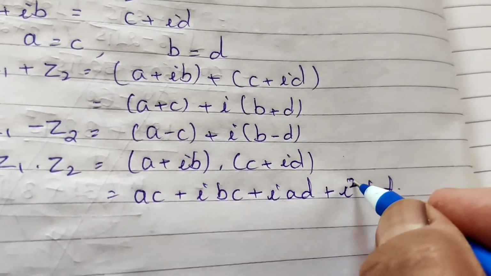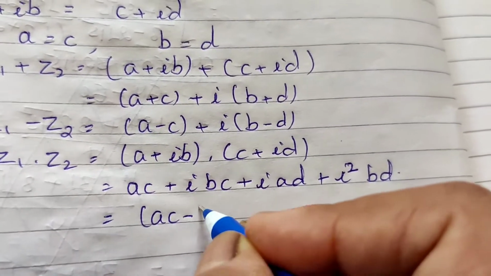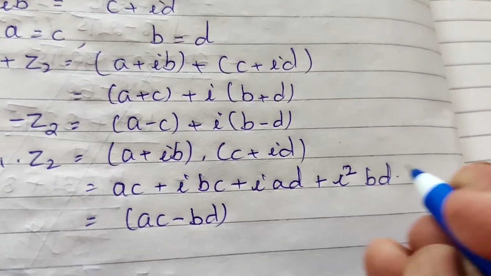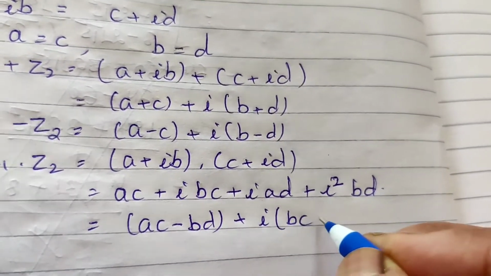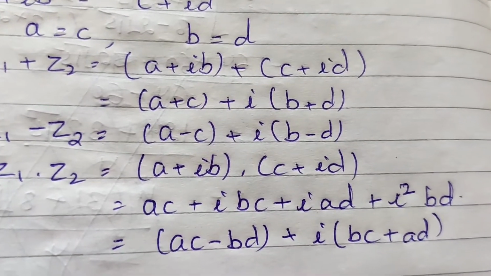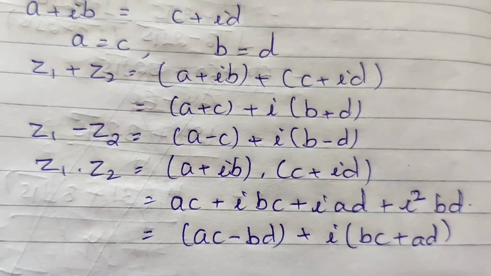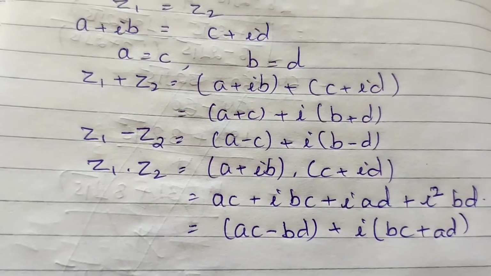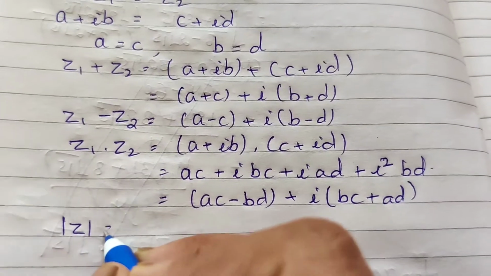We know that i square equal to -1, so it is equal to ac minus bd. This is the real part and the imaginary part is bc plus ad. Okay, this is the product of these two complex numbers.